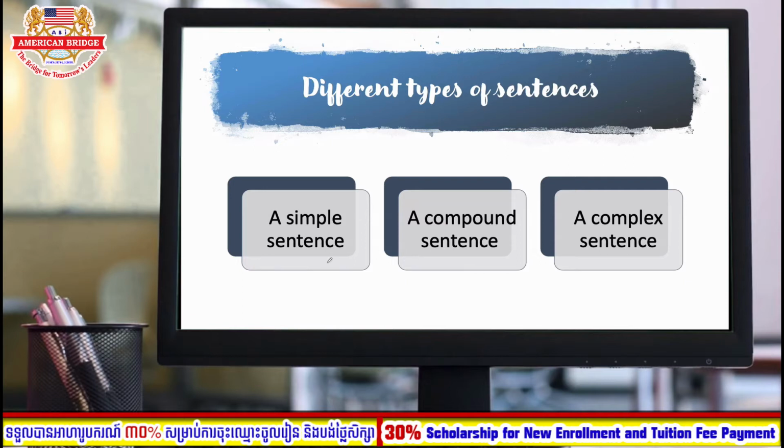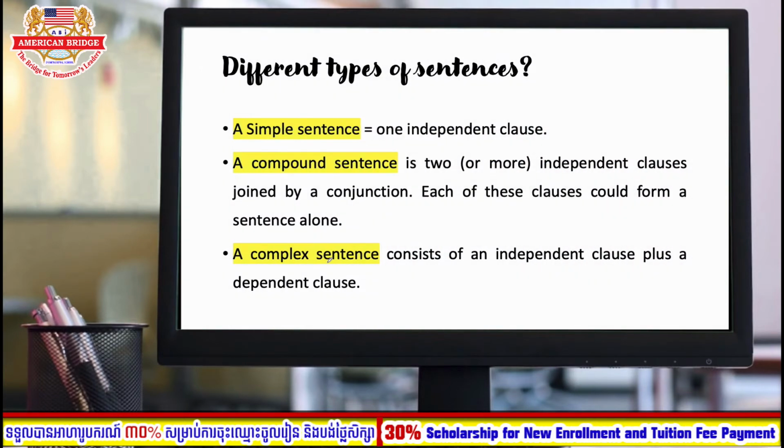So what is a simple sentence, what is a compound sentence, and what is a complex sentence? To answer this question, I prepared some key points that are easy to understand. First, a simple sentence has only one independent clause. To distinguish between a sentence and a clause: when we talk about a sentence, we emphasize the meaning. Does this sentence have a complete meaning?